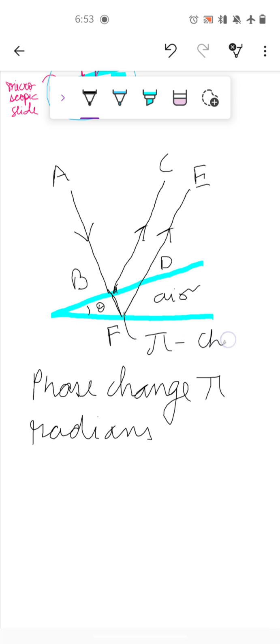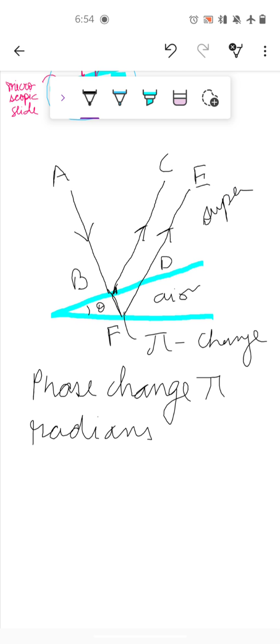Whatever phase change the ray A, B, C has is the basic change, so whether we consider it or not is the same thing. But these two rays BC and FE undergo superposition and form the interference pattern.